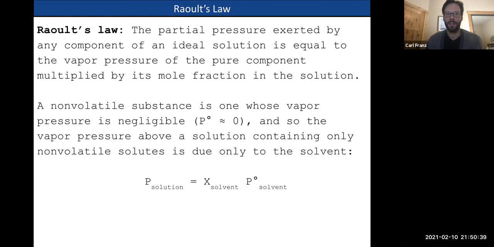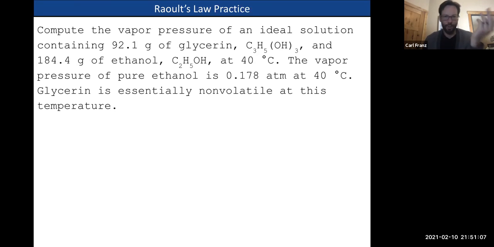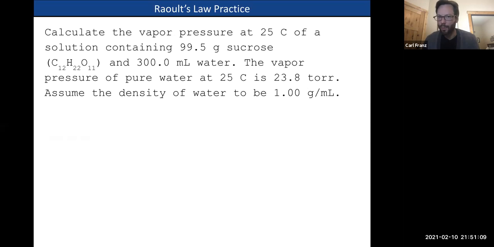And again, if the solute is non-volatile, meaning it doesn't evaporate at room temperature, it's negligible in its contribution to the vapor pressure, okay? So the vapor pressure is just going to be the solvent. And so we can say the partial pressure of the solution is equal to the mole fraction of the solvent times the vapor pressure of the solvent. Here's a practice problem. Here's another practice problem.